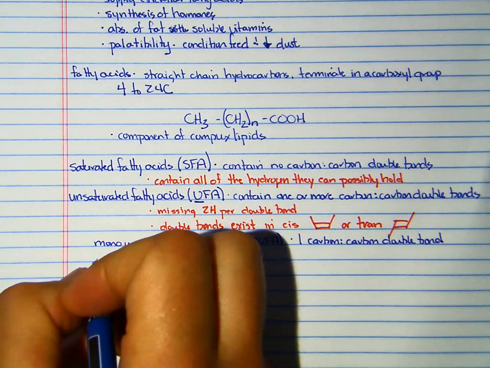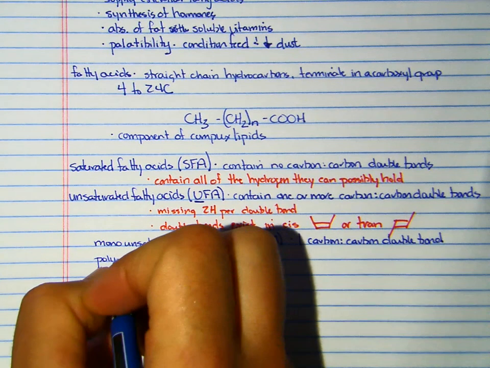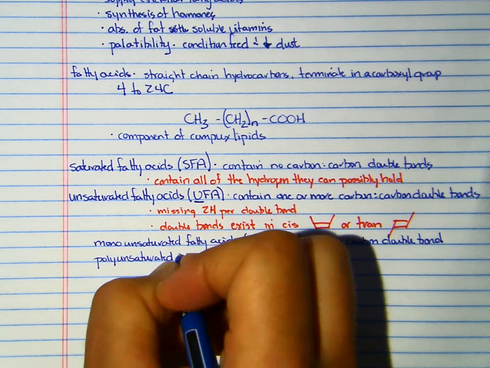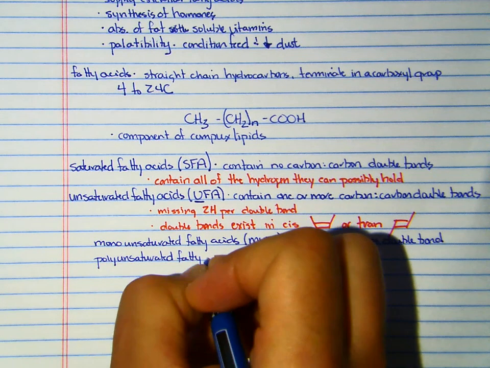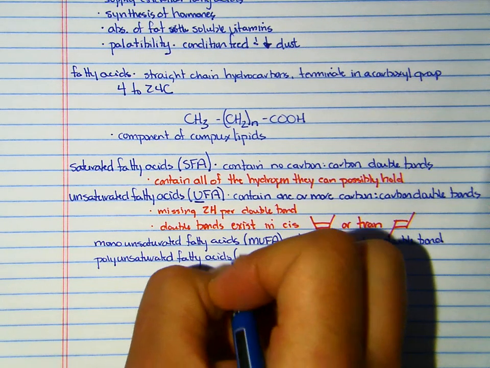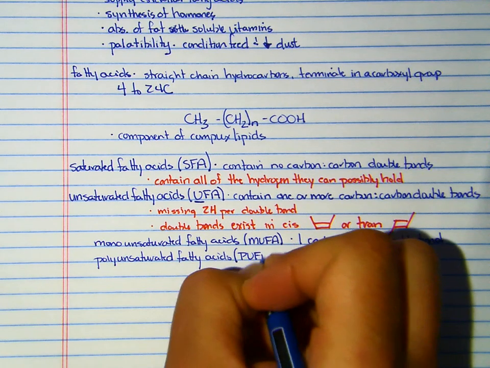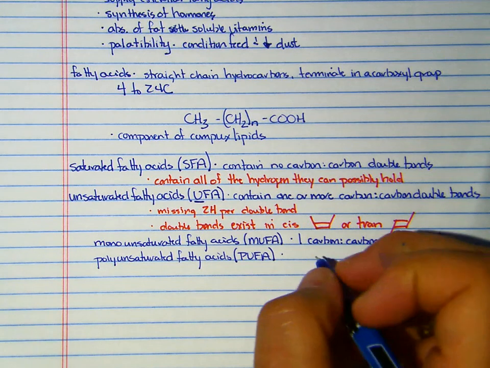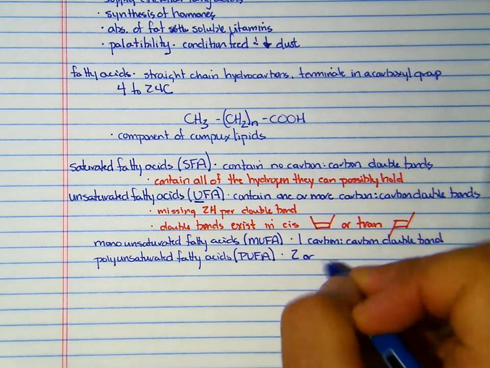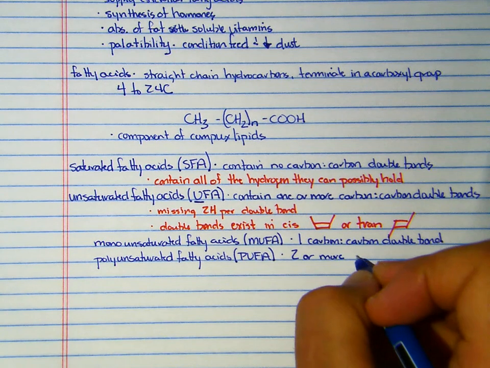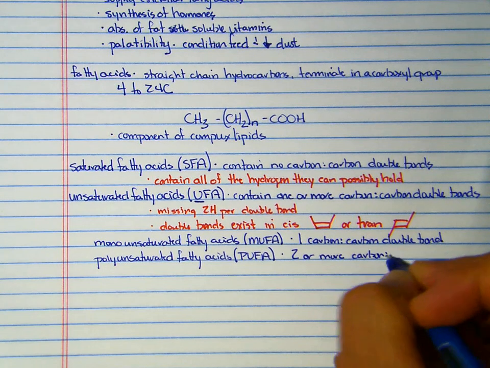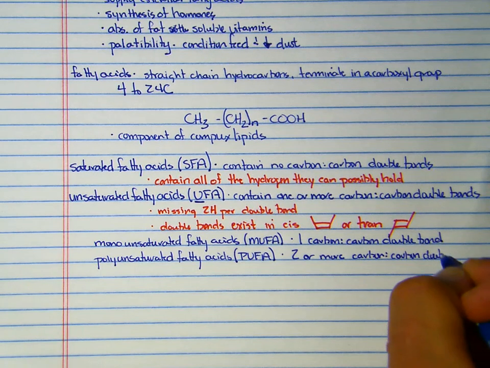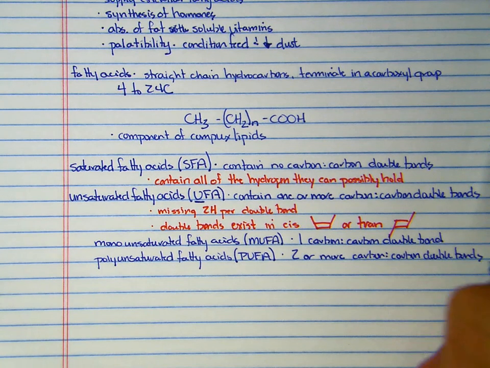And then we have polyunsaturated fatty acids, and those are PUFA. And they contain two or more carbon to carbon double bonds.